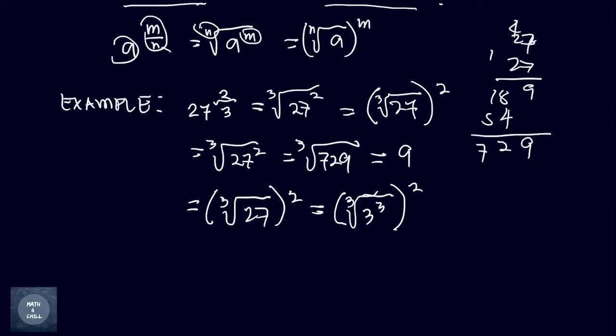Squared, that is equal to, cancel, habilin na is 3 raised to 2, therefore the quantity of the cube root of 27 raised to 2 is equal to 9.